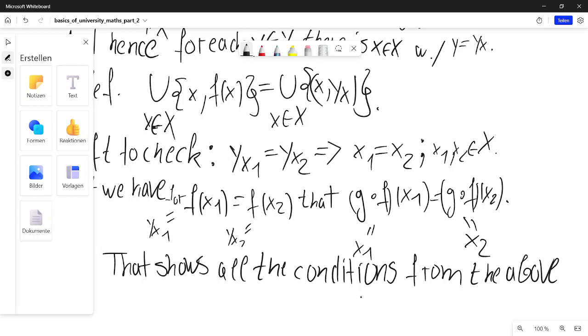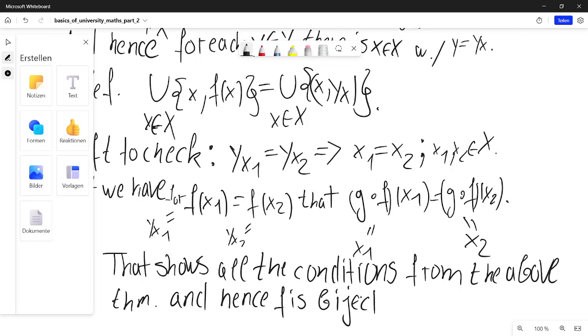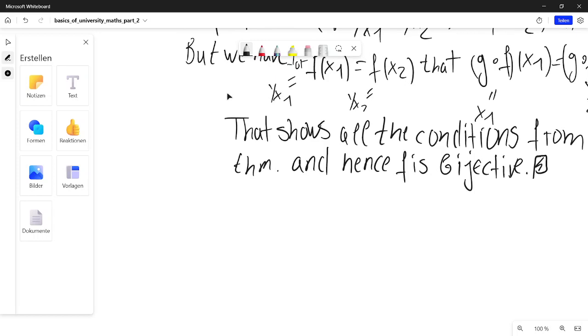It shows all the conditions from the above theorem, and hence f is indeed bijective. Okay.